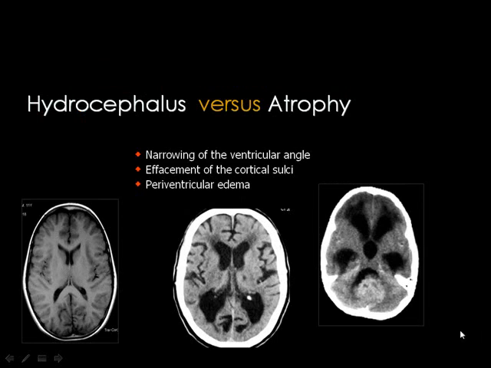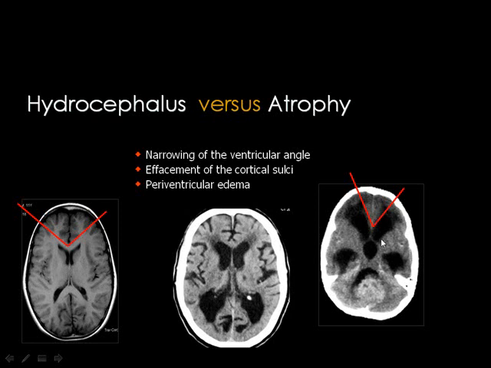Then there are some measurements that can be done so that we can diagnose hydrocephalus in doubtful conditions. These measurements include the ventricular angle, and this is the angle between the frontal horns of the lateral ventricles. In normal cases, this angle is relatively more wide than in cases of hydrocephalus.